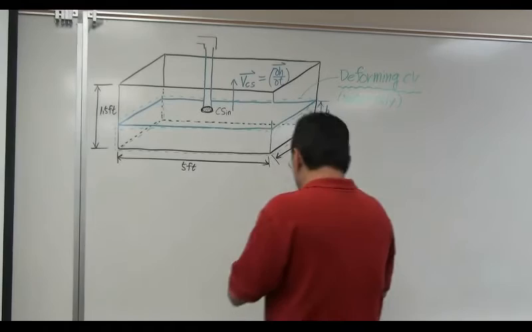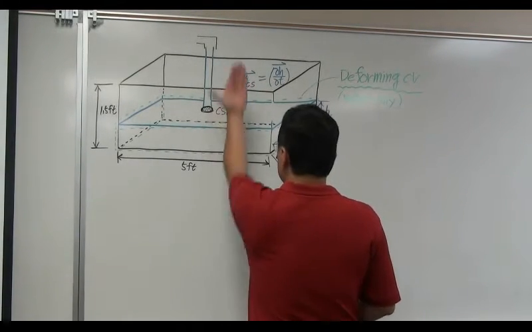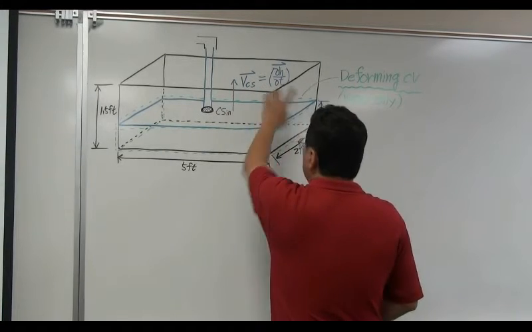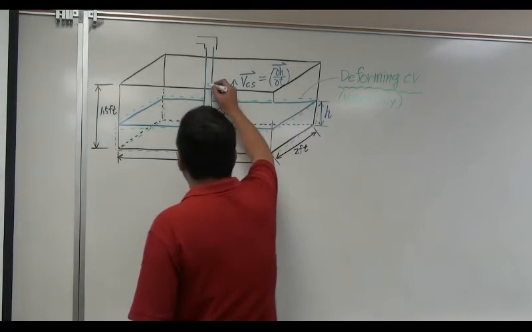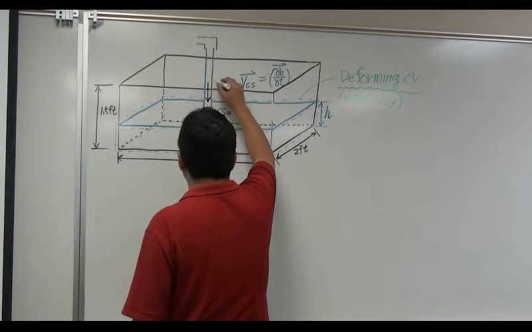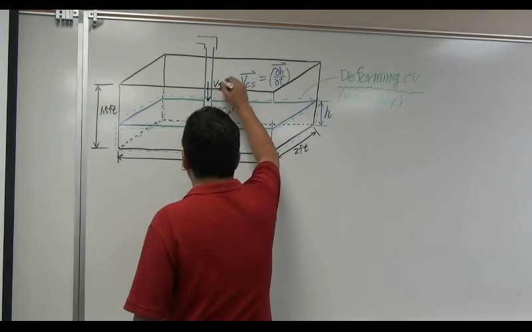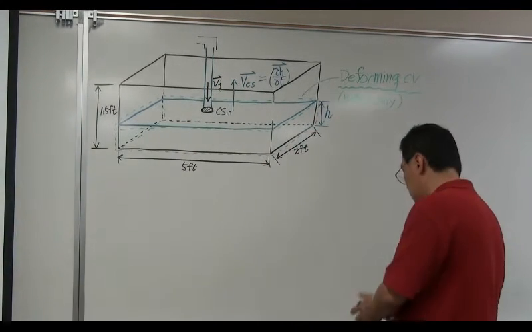Okay. Now, obviously, this control surface is moving upwards with the velocity dh/dt. All right. And of course, don't forget the velocity of the incoming stream. This is the velocity vector Vj coming down.